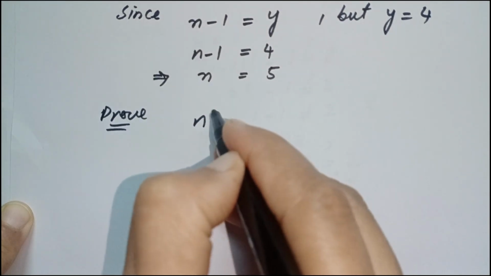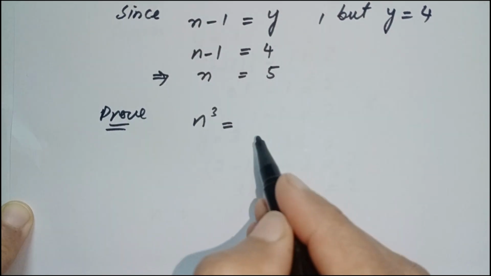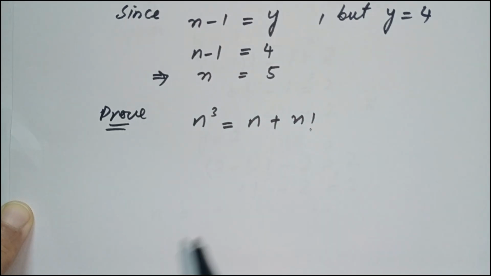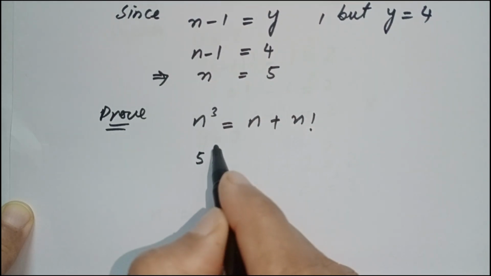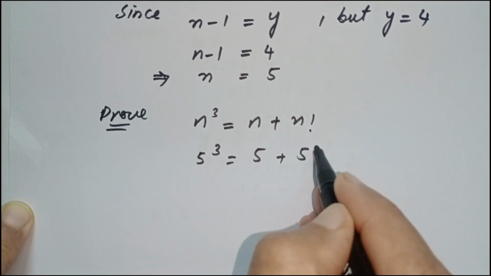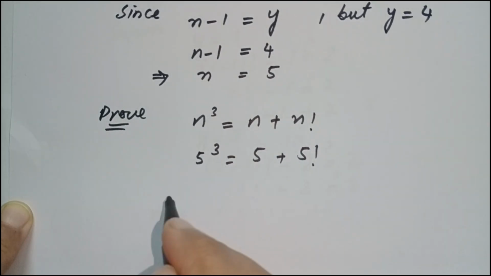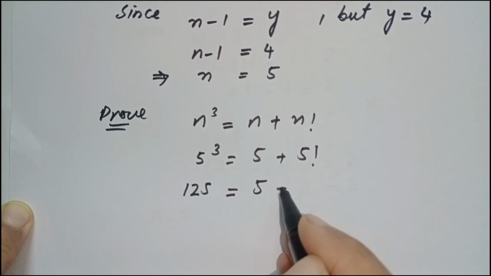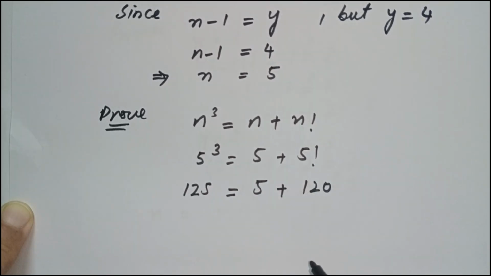We will use our given expression and we will prove that this value is correct. So our expression is n cube is equal to n plus n factorial. So plug in the value of n, that is 5. 5 cube is equal to 5 plus 5 factorial. So here 5 cube is equal to 125 is equal to 5 plus 120.